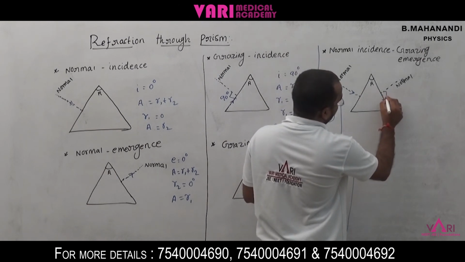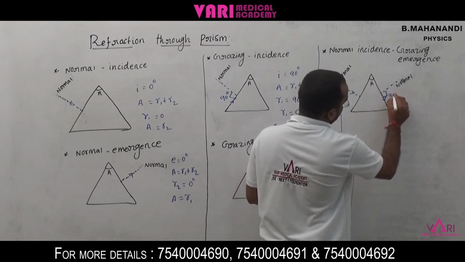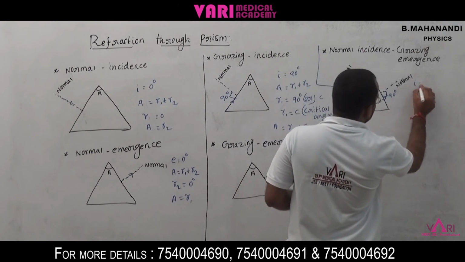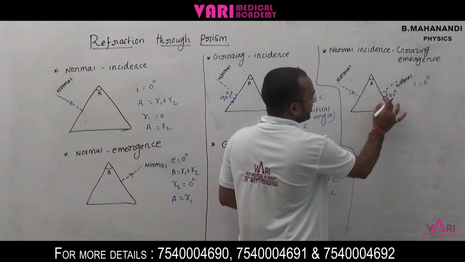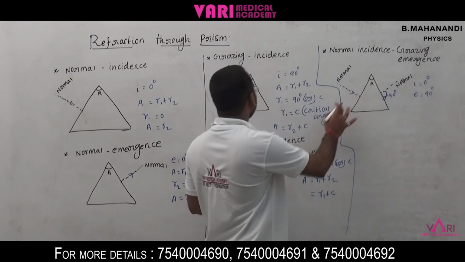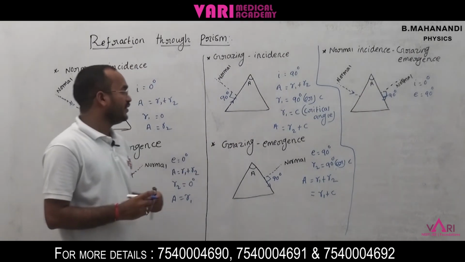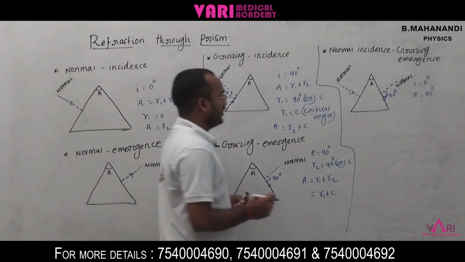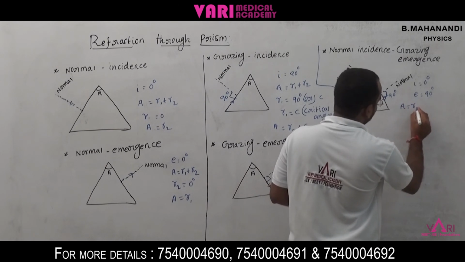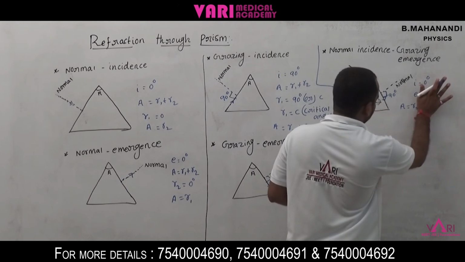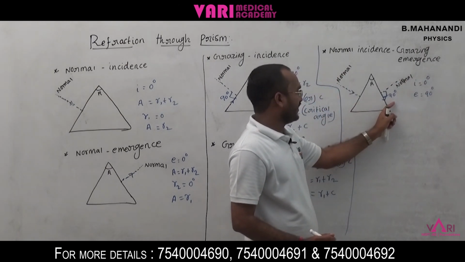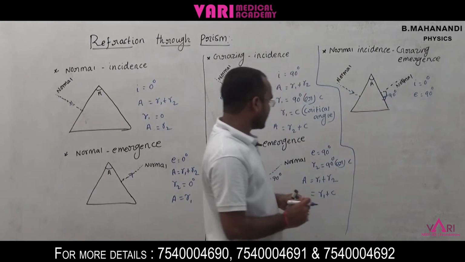This perpendicular angle is 90 degrees. The incident angle I equals 0 degrees and the emergence angle is 90 degrees. Here the refraction angle R1 is 0, so A equals R2. But the refraction angle R2 is 90 degrees, and 90 degrees means critical angle.